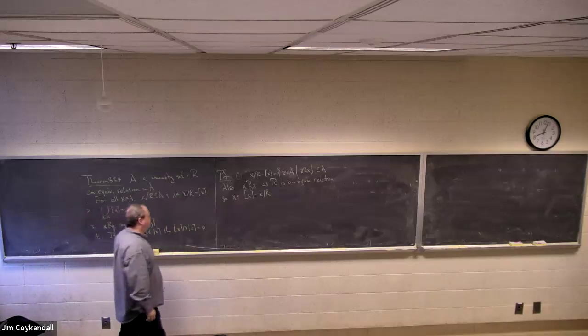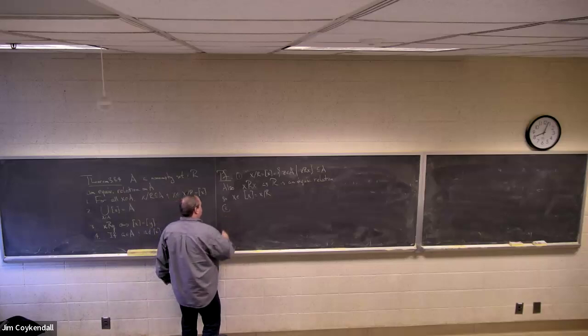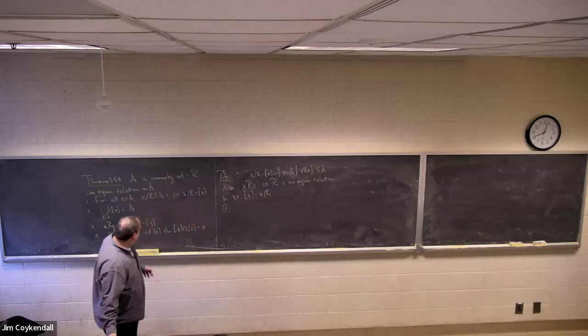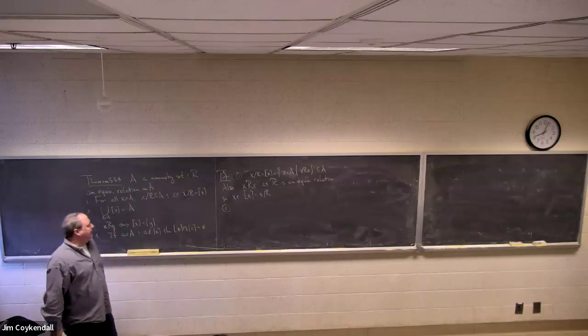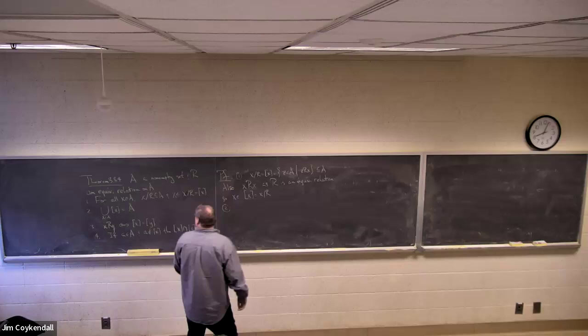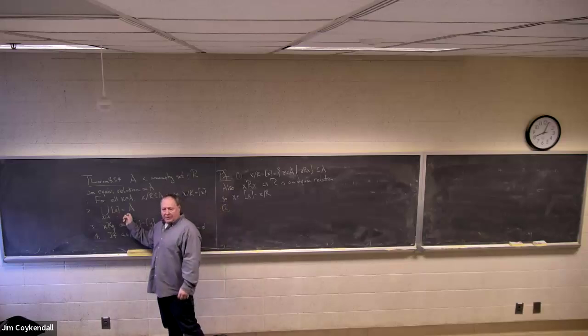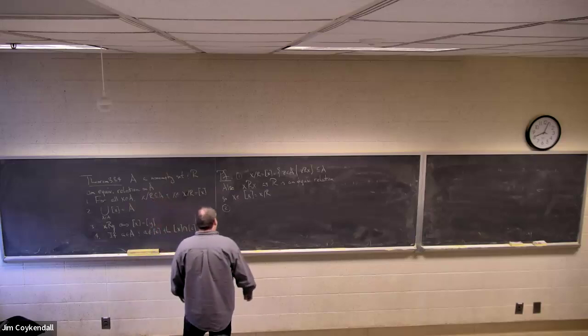What about 2? The claim here is if you take the union over all the equivalence classes, you get everything in A. Well, let's see. This is an equality of sets, isn't it? So I need to show containment both ways.